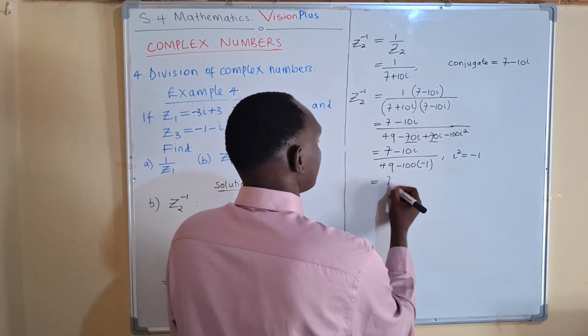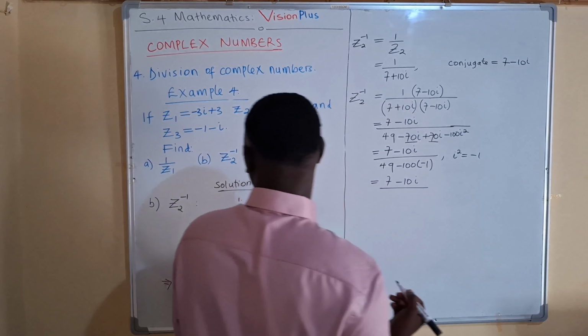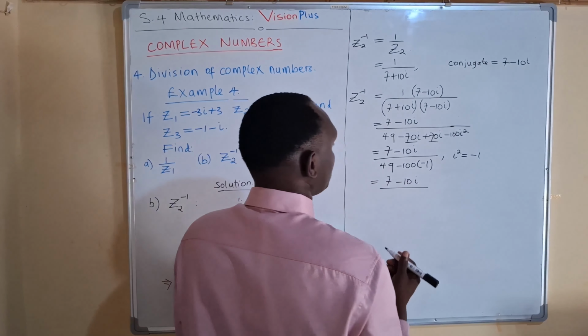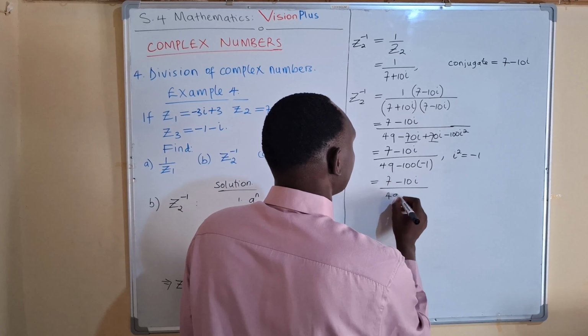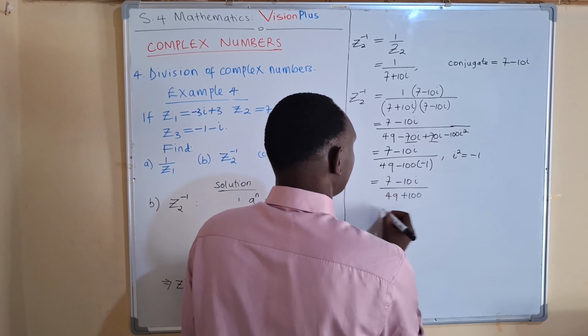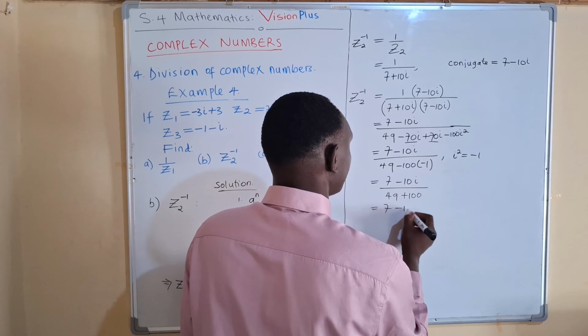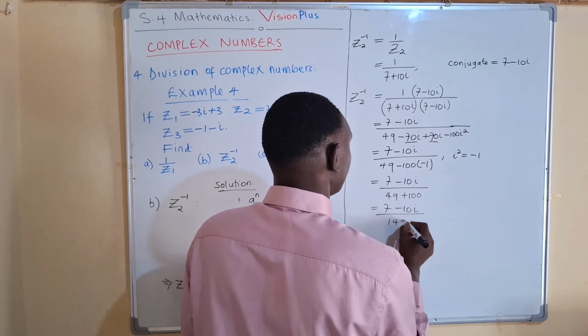So we continue here. We will have 7 minus 10i over 49, and negative 1 times negative 100 is positive 100. So this gives us 7 minus 10i over 149.